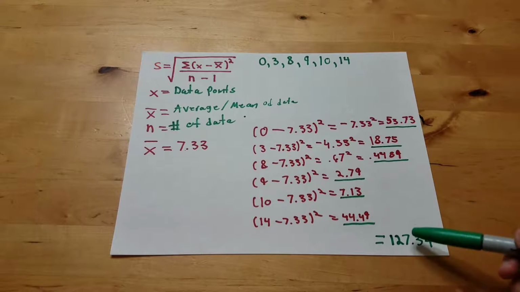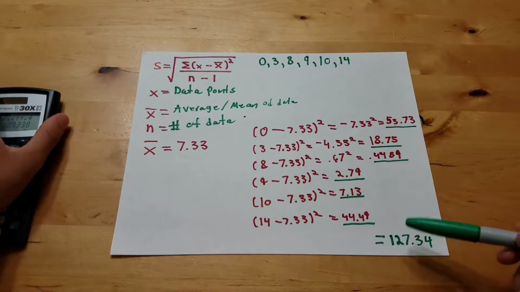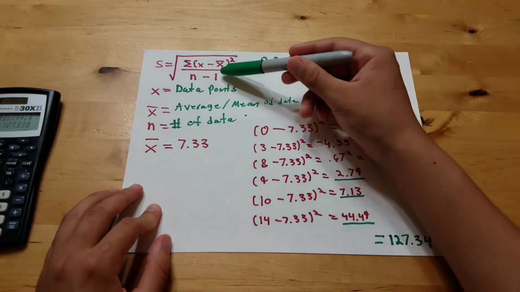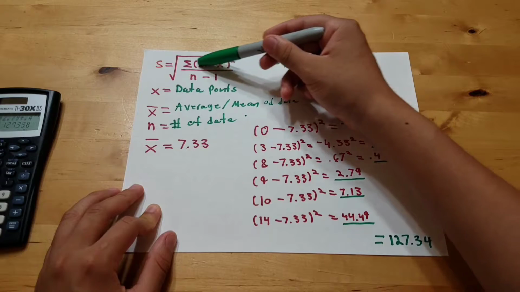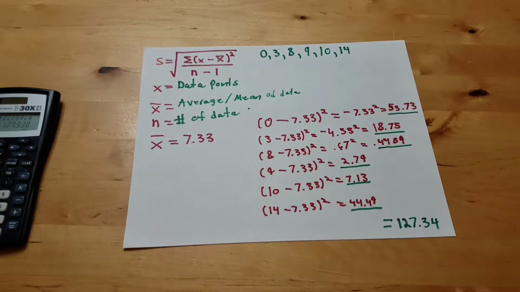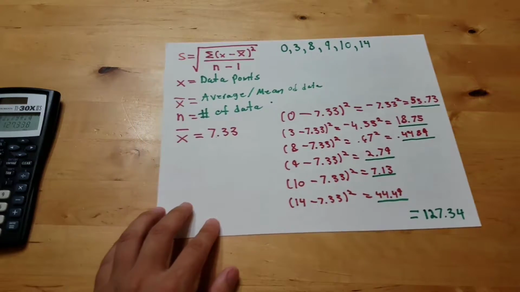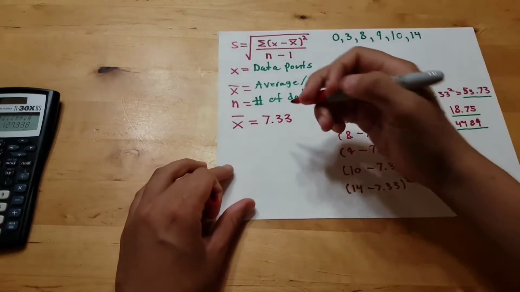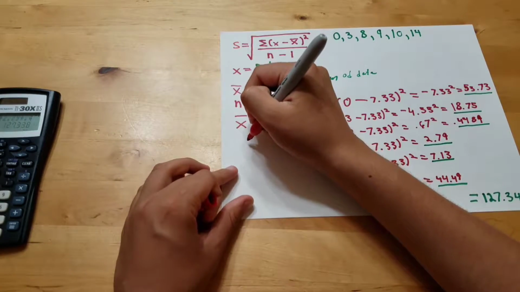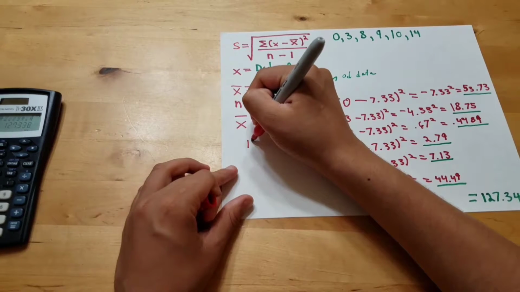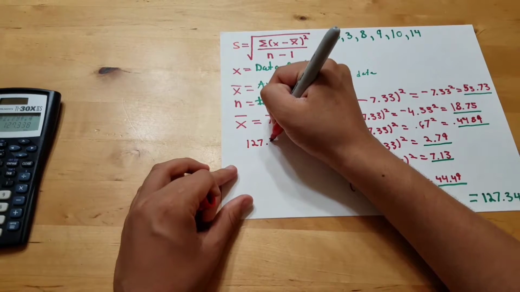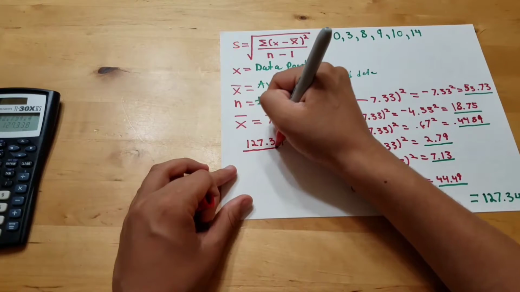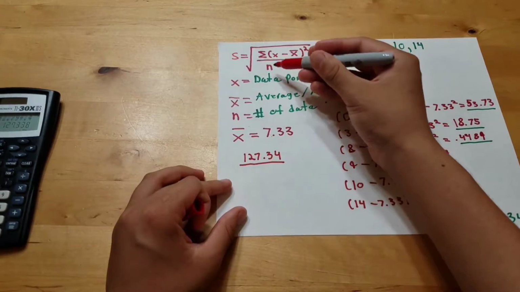This basically equals all of this top portion. Now we take 127.34 and divide it by n minus 1.